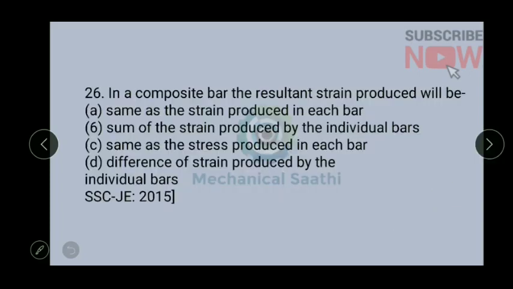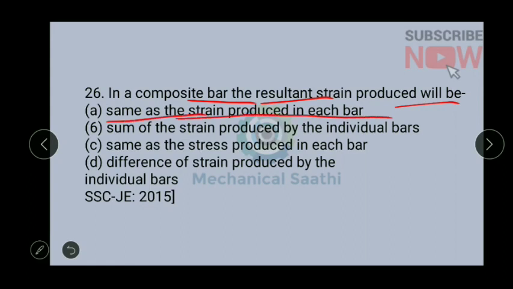Moving towards question number 26, in a composite bar, the resultant strain produced will be equal in both, any materials may be there, so it will be same as the strain produced in each bar.